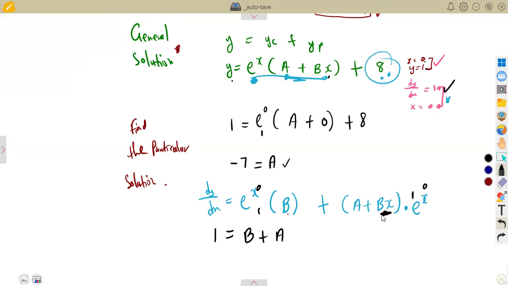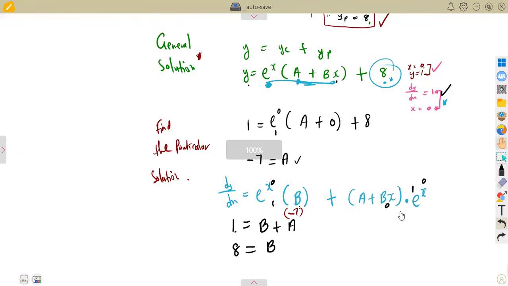The b term is gone because of x, which is 0 there. So 1 is equal to a plus b, but we calculated a before and we got minus 7. So transposing to the other side becomes positive 7. So 1 plus 7, which is 8, is equal to b. So b is 8 and a is given as minus 7.